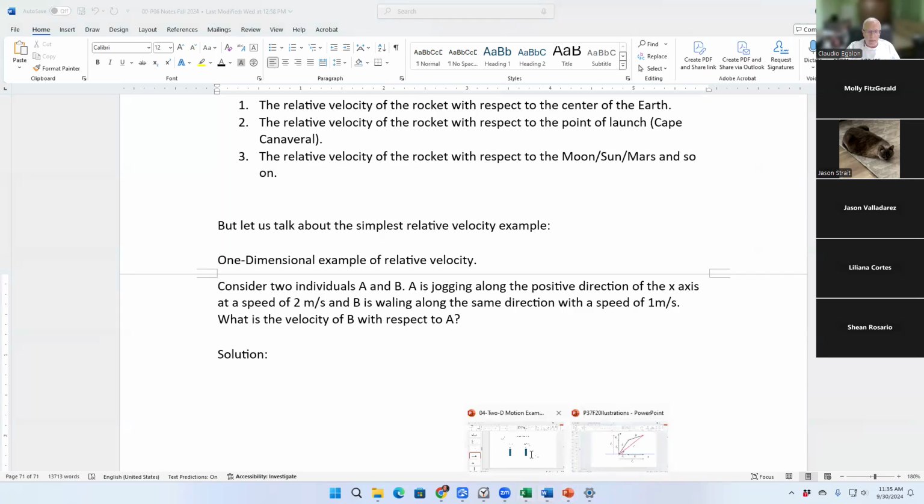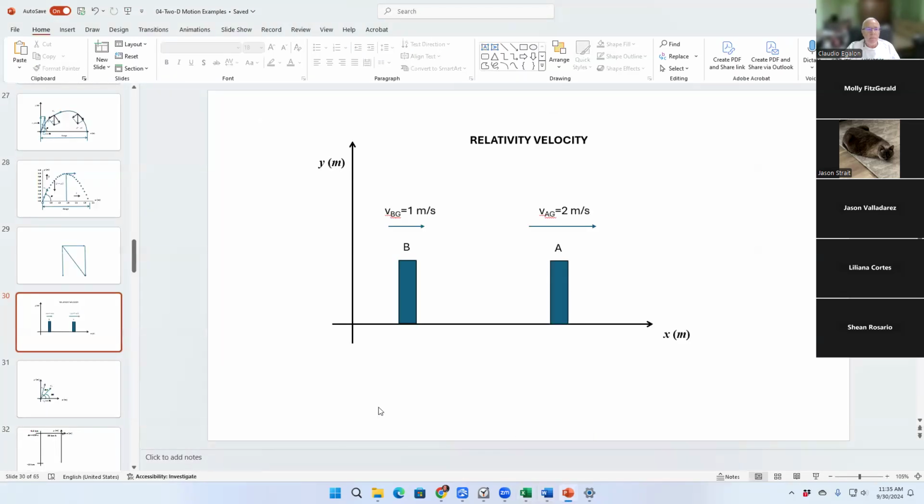Going back to my drawing, the way you do it is just subtract 2 from 1. If the ground sees this guy moving at 2 meters per second, this other individual, individual B, is going to see this guy moving away at 1 meter per second from his own referential.